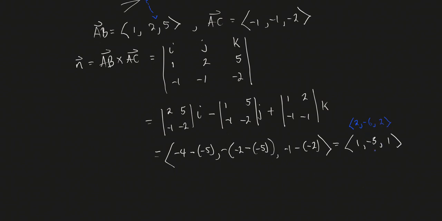If you wanted to take a half of these components, you could have a half, -3 halves, -1 half. If you wanted to multiply by 100, you could have 100, -300, 100. These are all valid normal vectors for this plane. It's just a matter of finding one that's convenient, but really there is no need to modify it.